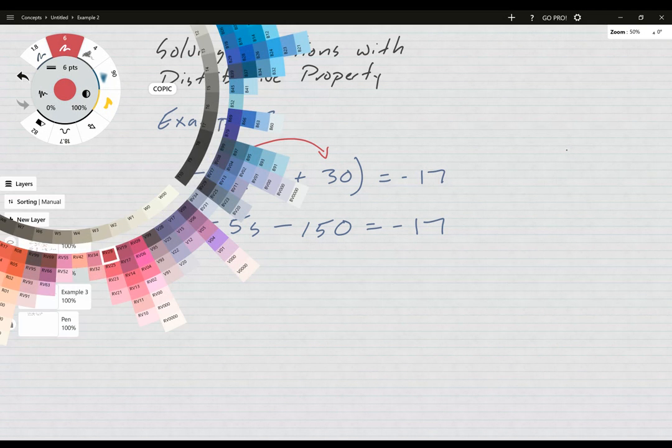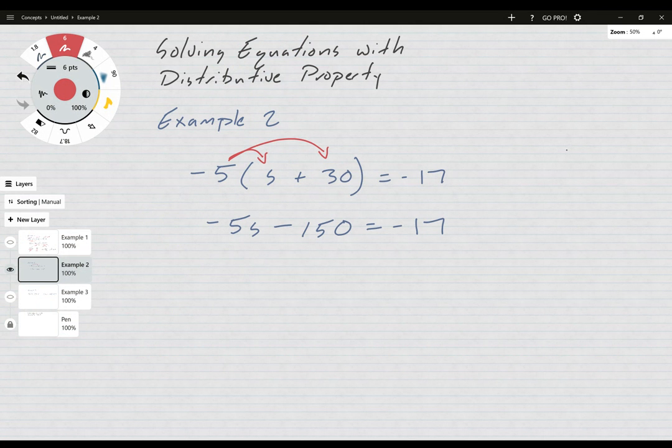Now I'm just going to use my inverse operations. So I have -150, so I need to add 150 to both sides. That cancels each other out.